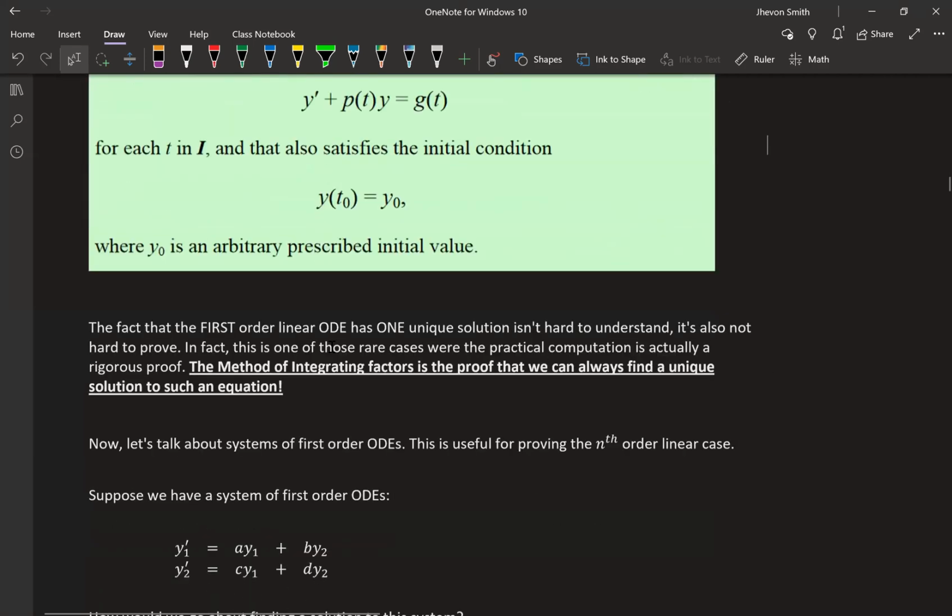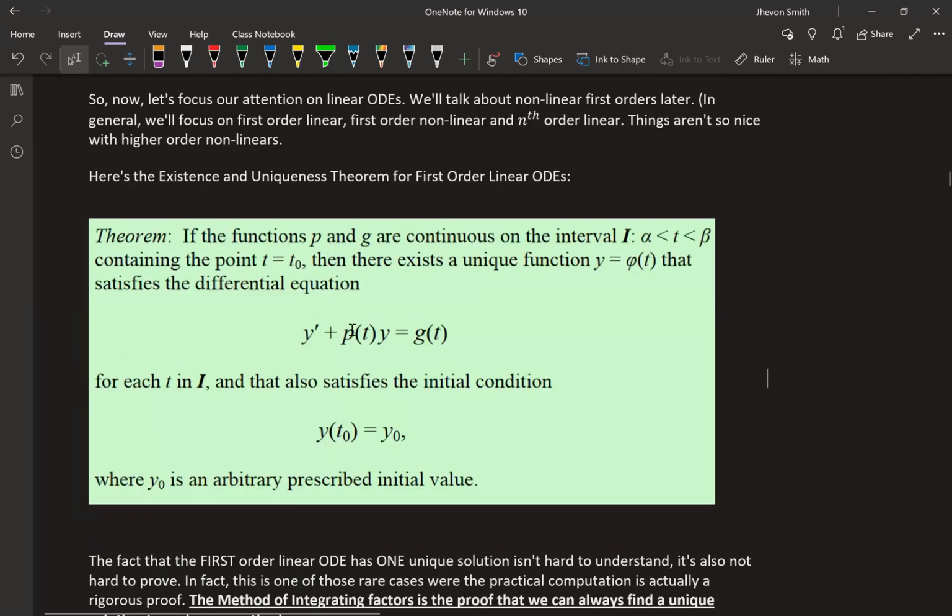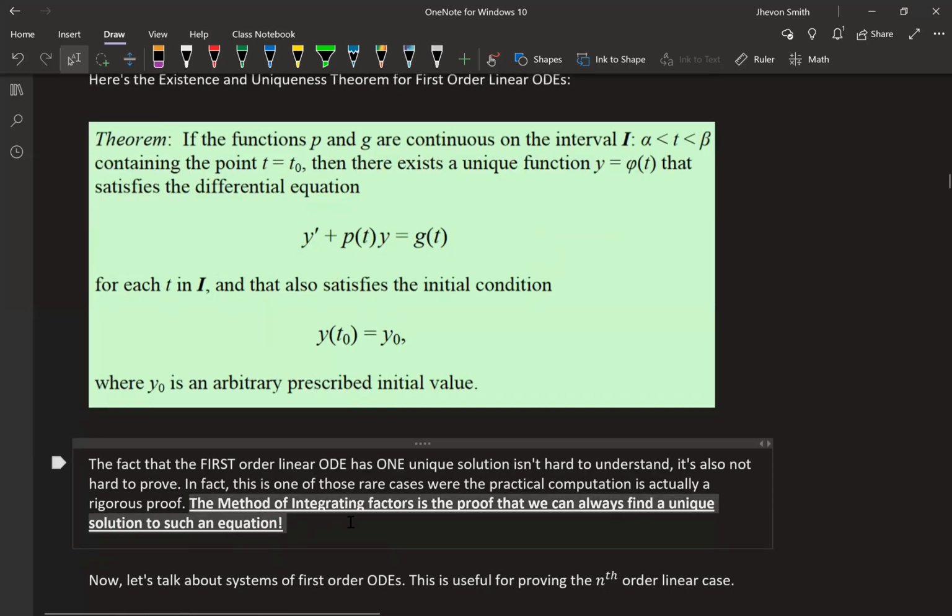Now, how can you prove this? It turns out that understanding why this is true is not hard, and actually proving why it's true is not hard. It's actually the method of integrating factors, which you guys know very well. Actually doing the method of integrating factors, I can tell you exactly, down to a formula, what the unique solution to this is, right? It's going to be the integral of mu times g all over mu, where there's going to be an arbitrary constant of integration that you have to also divide by mu.